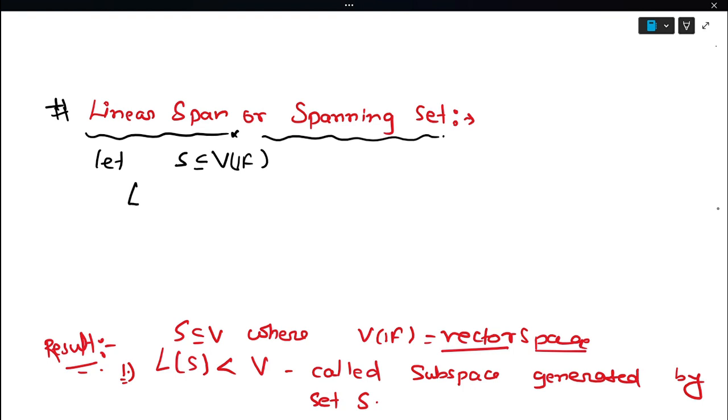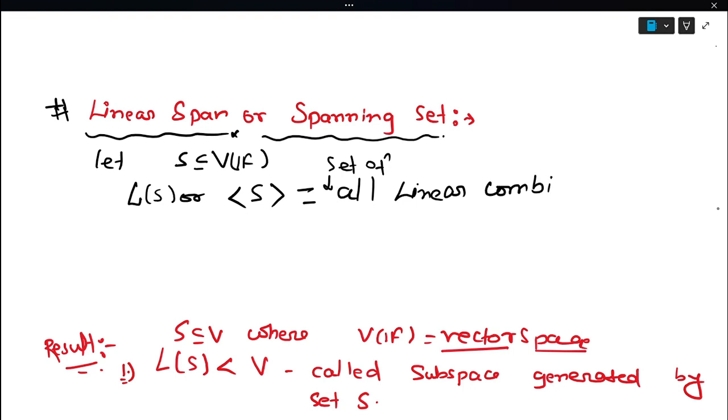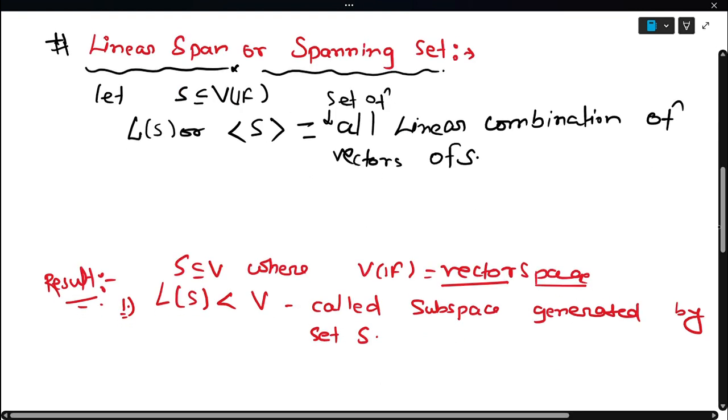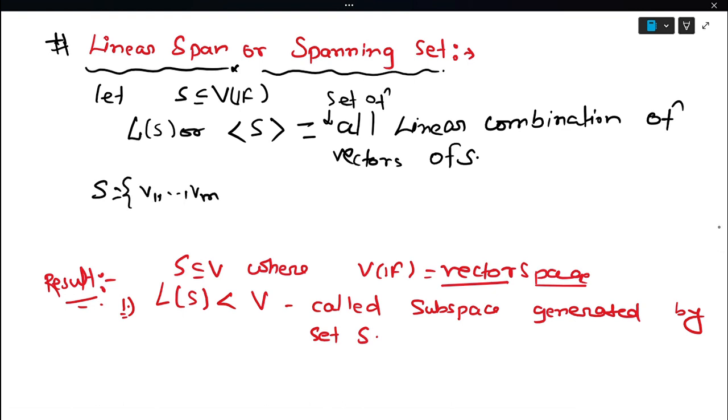Linear span is denoted by L(S), and this is equal to the set of all linear combinations of vectors of S. Assume S has v1 to vm.